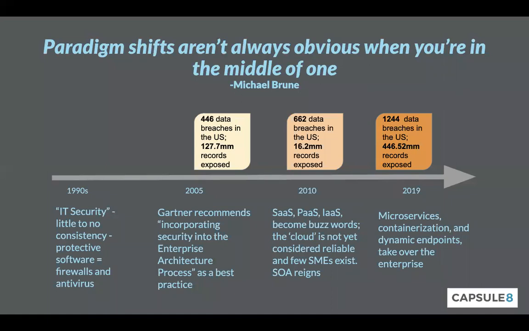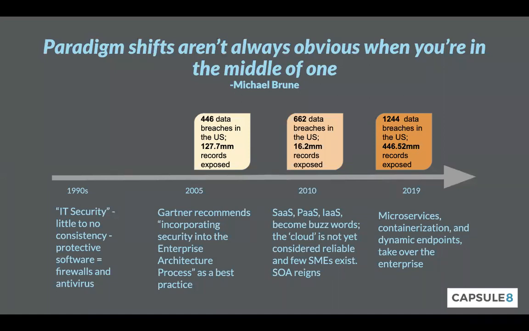In 2007, there were 446 data breaches in the US alone, exposing 127 million records. But we keep going. We start hearing about software, platform, and infrastructure as a service. They're buzzwords, but the cloud to most organizations is not yet something reliable. Few subject matter experts exist, and service-oriented architecture continues to be the approach of most organizations.